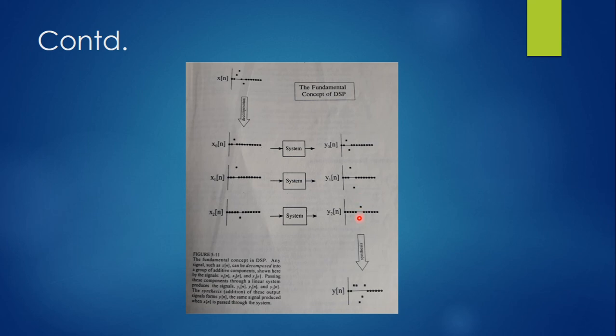This is true only for linear systems, not for non-linear systems. So more emphasis in DSP will be on linear and time invariant systems, that we will see in the later slides. Those are called LTI, linear time invariant systems. So you get the output in this way, a very easy way.